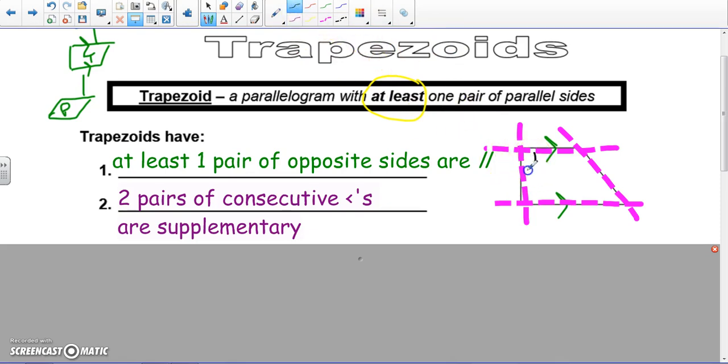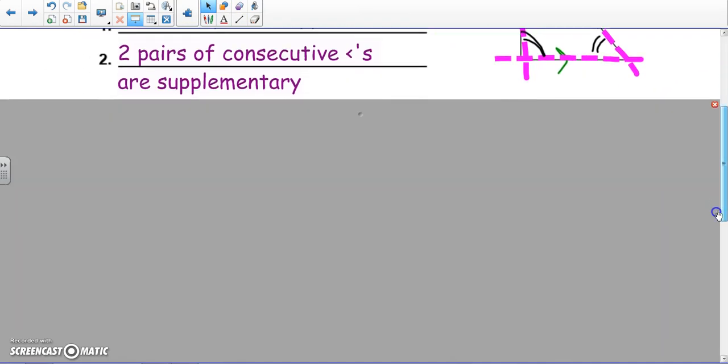That tells us this angle and this angle are same side interior, so they are supplementary. On the other side, it's the same thing. So this angle and that angle are supplementary. So in a trapezoid, two pairs of consecutive angles are supplementary.